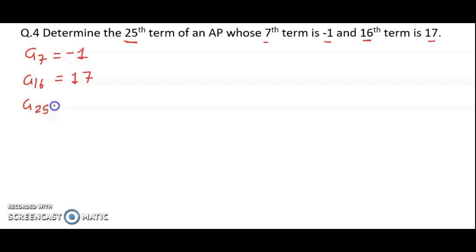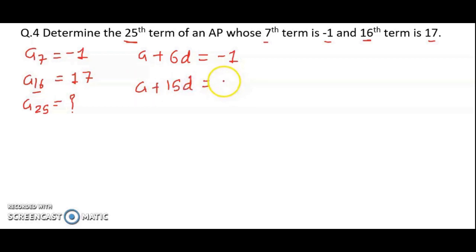So A25, that we need to find out here. So first of all, A7 is given minus 1. So we know the formula of A7. You can write the formula for A7, A plus 6D, that is equal to minus 1. And same way we know the formula for A16, that is A plus 15D, that is given 17.